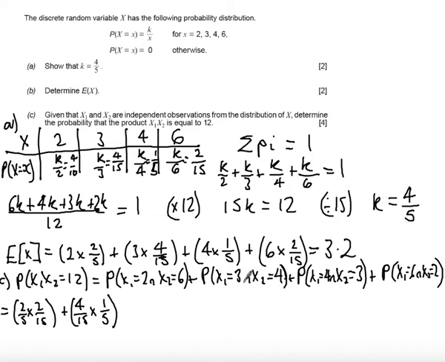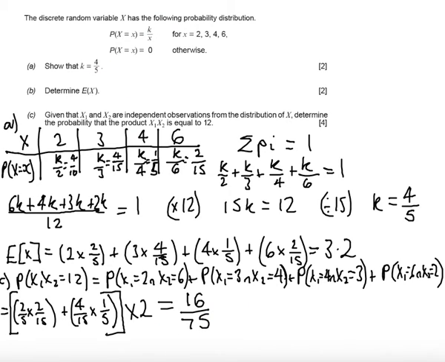Now at this point, x1 equals 4 and x2 equals 3 is exactly the same as this, and x1 equals 6 and x2 equals 2 is exactly the same as this. So I'm just going to calculate these two values and double it up, rather than recalculating the same probabilities over and over again. There's nothing wrong with listing it all, just looking to save space and time. If you type this in carefully on your calculator, you should come up with an answer of 16/75.